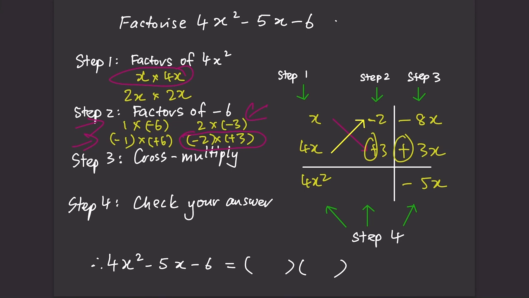You're still doing trial and error, but you basically cut out some of the intermediate steps by smartly observing what certain combinations will result in. So what we have here is x minus 2, which is this, and 4x plus 3, which is this.